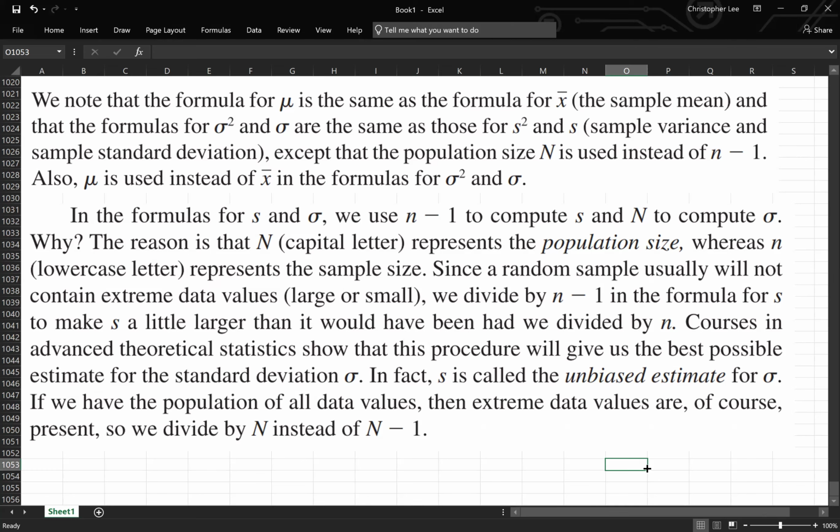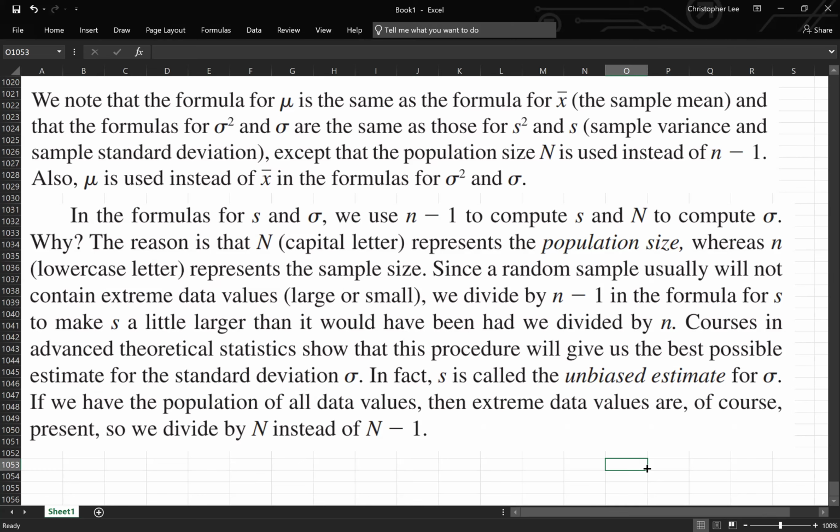This makes the sample standard deviation a little larger than it would have been had we divided by n. Courses in advanced theoretical statistics show that this procedure will give us the best possible estimate for the standard deviation sigma.